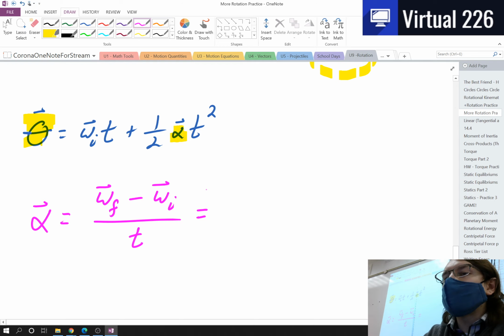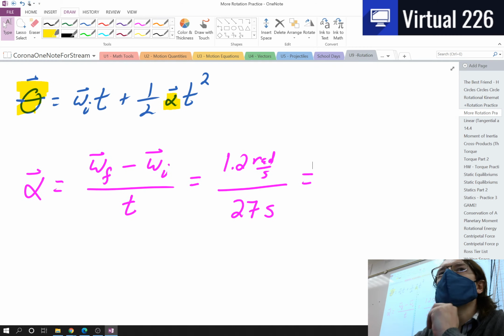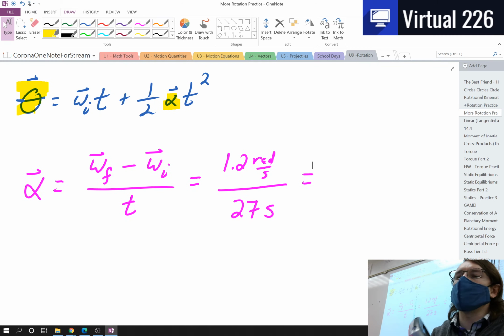We can say this then equals the 1.2 radians per second that the merry-go-round is going to end up with, minus the initial, which was 0 because it started at rest, so we don't even need to put it. Then we just need to divide by the time, which was 27 seconds. This will give us a quantity for alpha, which we can then throw back up.